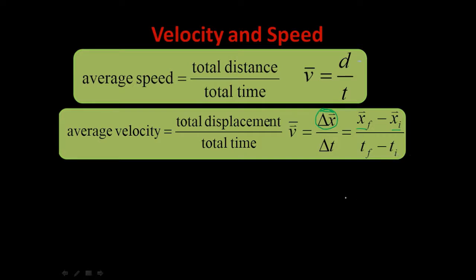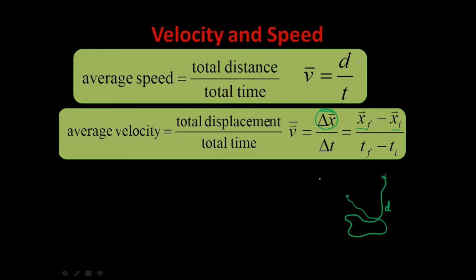Now, to distinguish between the two, let's suppose that your origin is right here, and you take kind of a meandering voyage, maybe down in this direction, then over this way, then up this way, and around here, and you finally end up right there. X marks the spot. You found the treasure. That total path length followed right there is what we call the distance. And that distance divided by the time is what gives you the average speed.